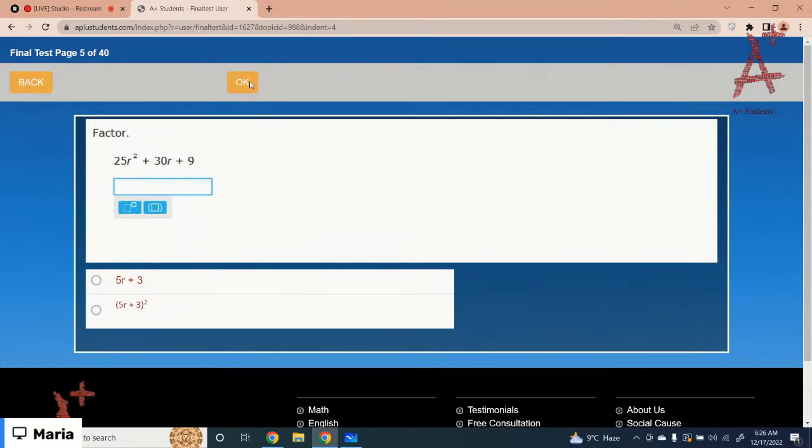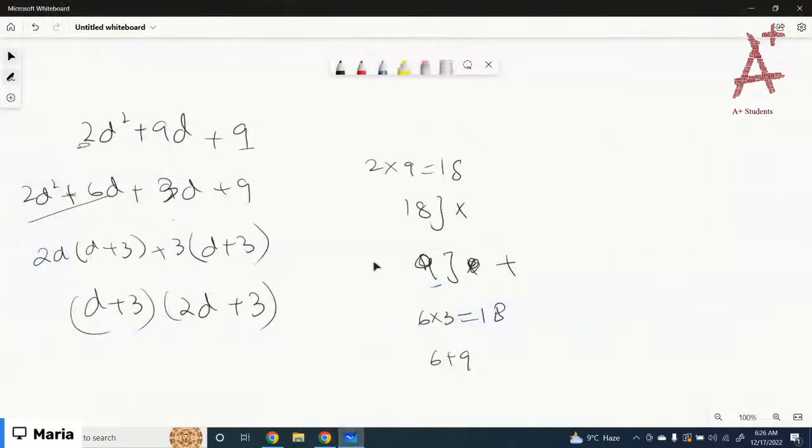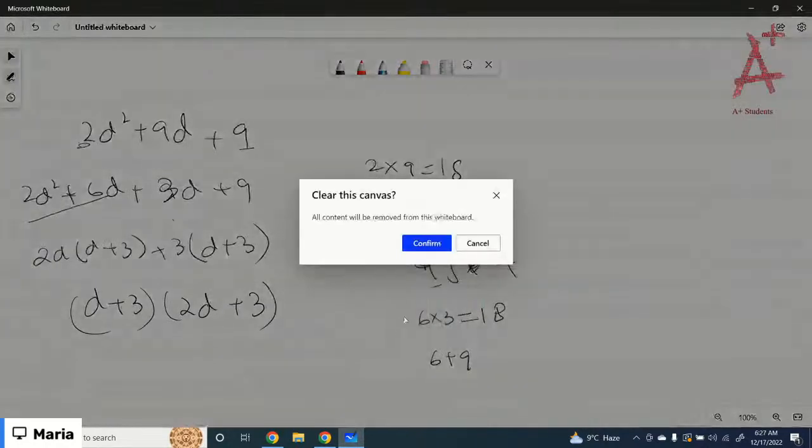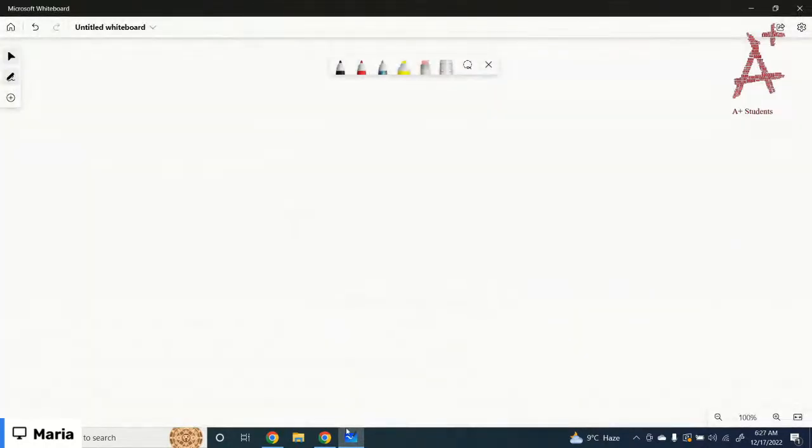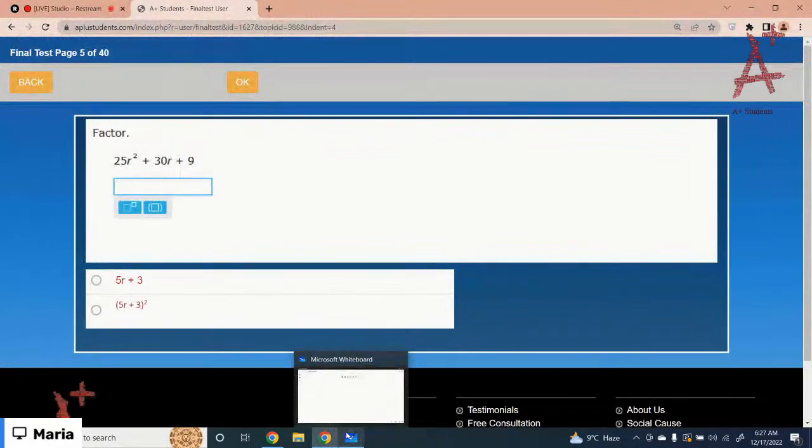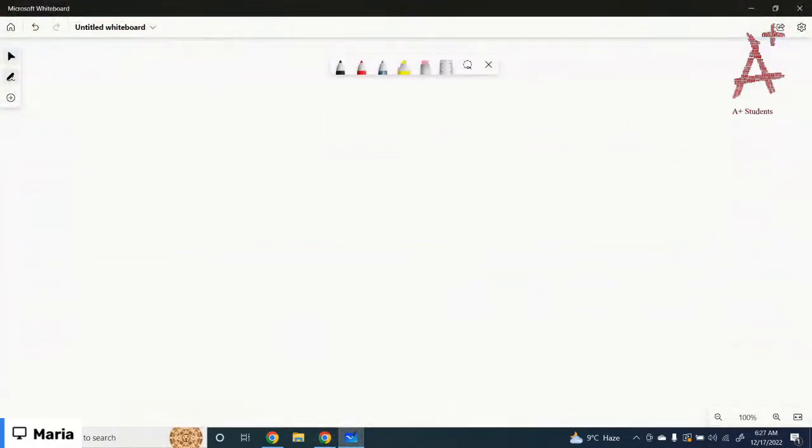Okay, factor 25r square plus 30r plus 9. That is from the lesson we just did, the completing square one. 25r square is the square of 5r. 9 is the square of 3.